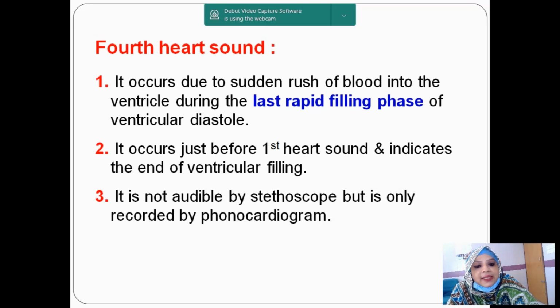It is not audible; third and fourth heart sounds we can never hear by stethoscope. We can only record it by phonocardiogram. The machine is called the phonocardiograph and the process is called phonocardiography. This is a very important MCQ question.